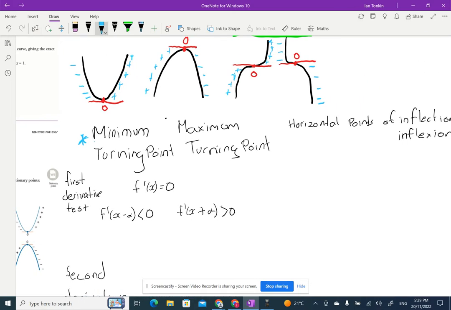If, on the other hand, f dash of x equals 0 and f dash of x minus a little bit is positive, and f dash of x plus a little bit is negative, we're going to get a maximum TP.